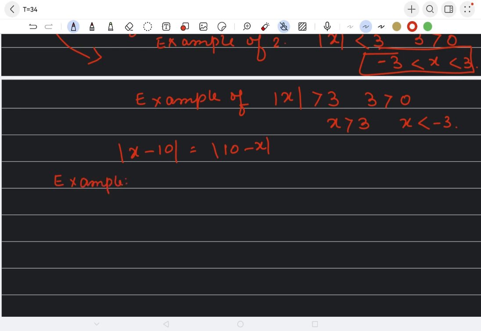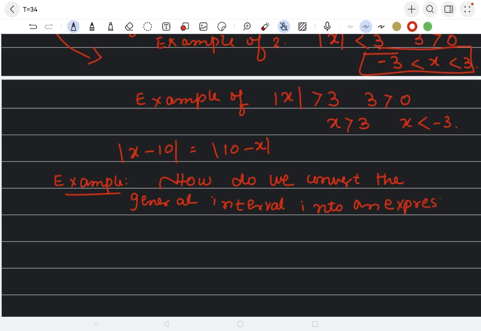And what is it? It is how do we convert the general interval into an expression using the absolute value.